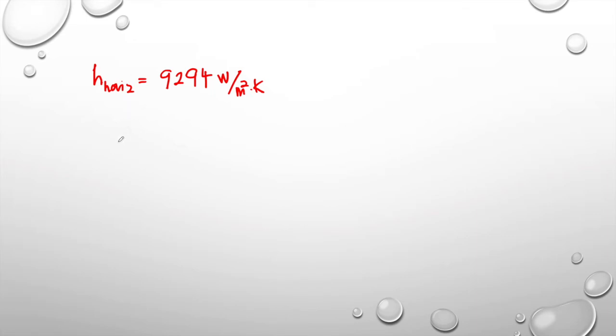So after you get this, you have to substitute into Q dot equal to H As (T saturation minus T S). Okay, so now we have to find what is the area. Heat transfer area is pi dl.